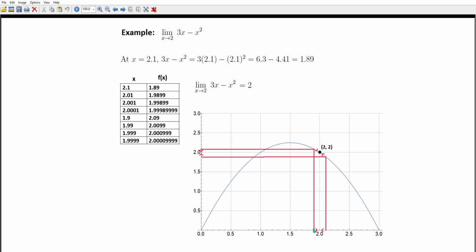Now, when x is less than 2, when we slide up to the curve, we get function values that are a little bigger than 2 as we slide across here. When you move in close to 2, we're moving down the curve, and the values we see over here are moving down to 2, which is exactly what we saw in our table.